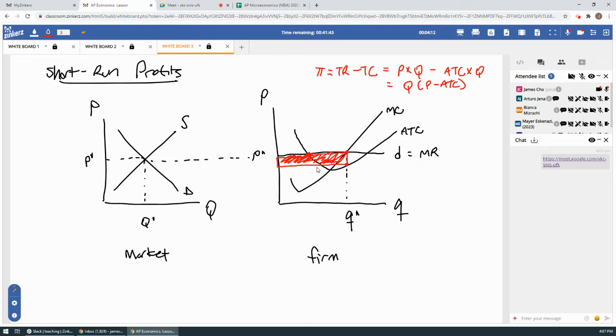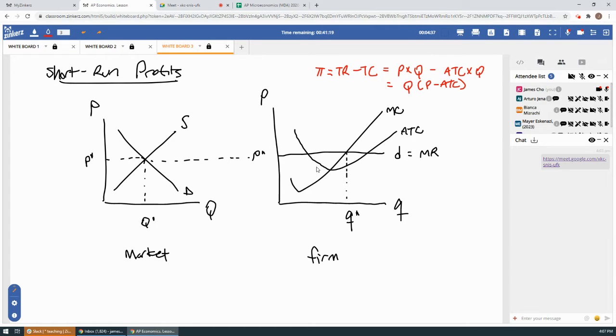Now, because we see these short run profits, we're going to do an adjustment process. If there's a reason for our situation to change, it's going to change. It's totally fine for firms to be earning profits in the short run. Great for you. But that's going to encourage new firms to join this industry.